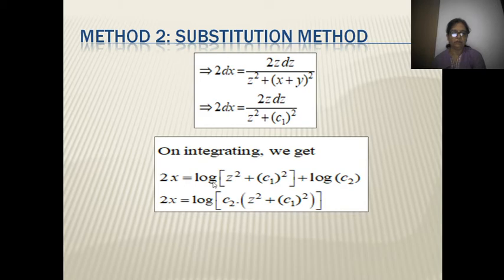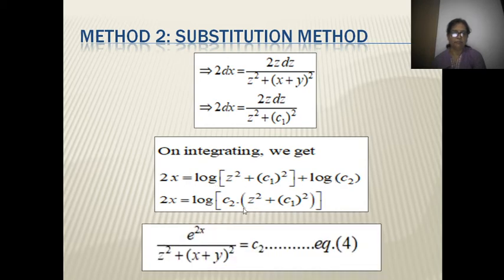Then apply the log property and write down this step. And lastly, we are interested in finding the value of C2. Therefore, e to the power 2x equal to this bracket value, and from this we easily find out the value of C2. That means second solution v equal to C2, equation number 4.